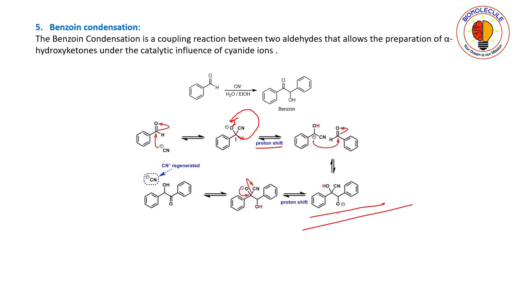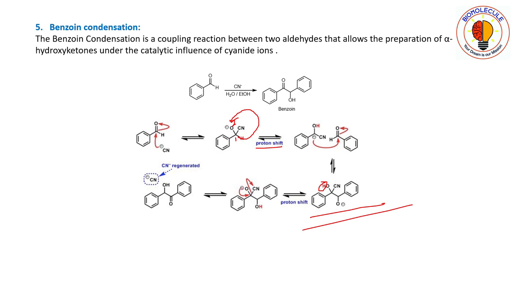Okay, and now you see that this O minus will take this proton from this hydroxy group. Again a proton shift is taking place. Now this oxygen will bear a negative charge.